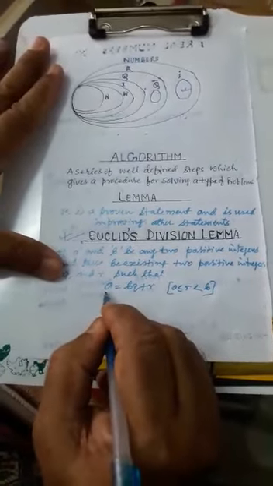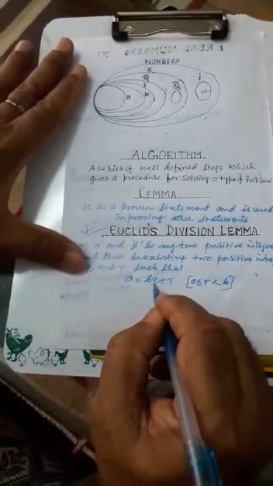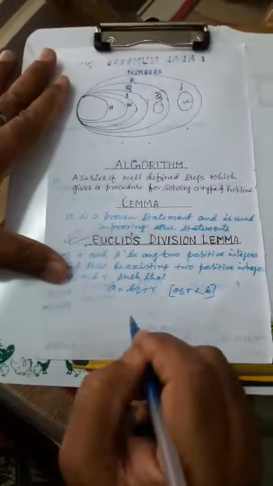Here a is called the dividend, b is called the divisor, q is called the quotient and r is the remainder.